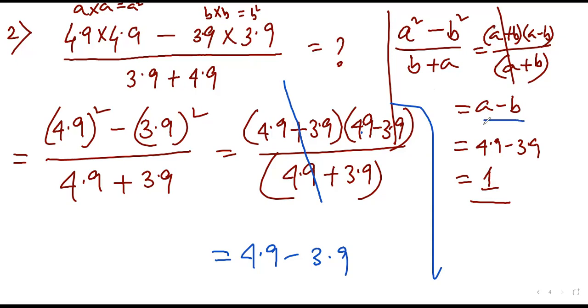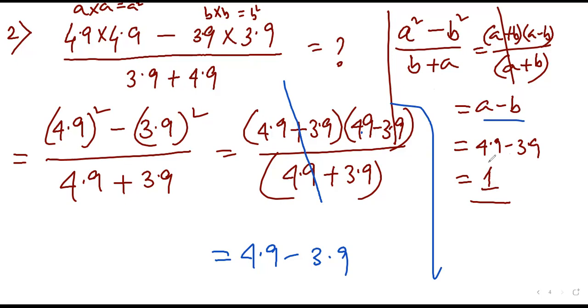And now put here the values of a and b. No need to put the whole expressions in every step, that is 4.9 plus 3.9, that is 4.9 minus 3.9. No need to write the numerical values everywhere that are given here. Just use variables instead of them.